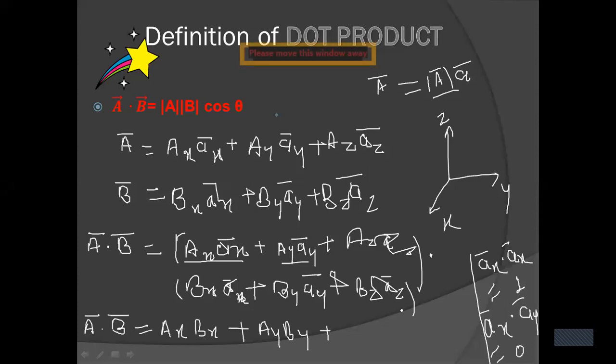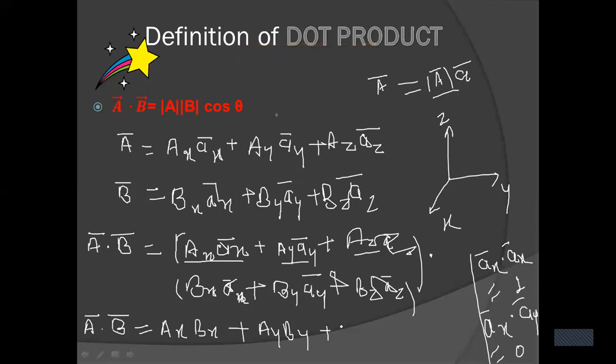Correct. Okay, now consider this third term, that is az a bar z, and multiply again to this whole bracket. So with the first term the multiplication is 0, with the second term, the y term, multiplication is 0.